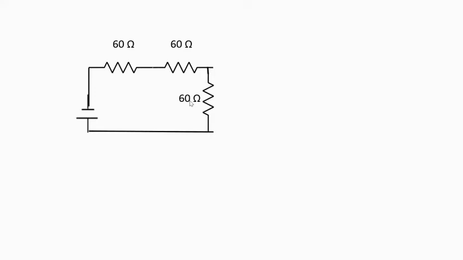Let's add a third one, right? And use the equation again. 60 plus 60 plus 60 is now 180. Okay, so remember it was 120 with two resistors, now it's 180. So that means the total resistance will go up when you add more resistors in series, right?